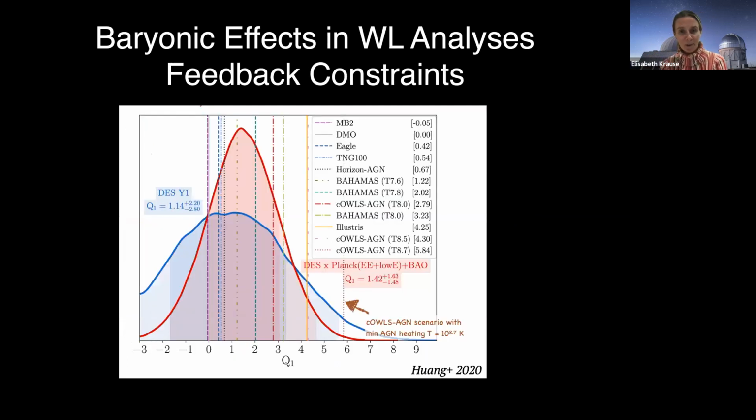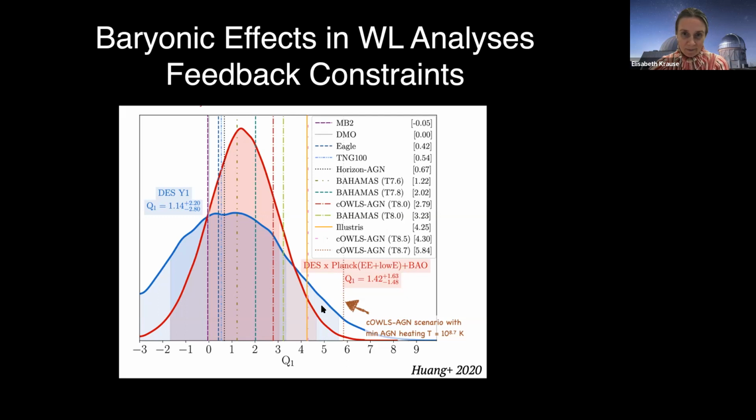We can, of course, also turn this analysis around and plot our posterior from this small-scale weak lensing analysis on the first baryonic principal component, which we named Q1. And the various vertical lines here show where the different simulations fall.